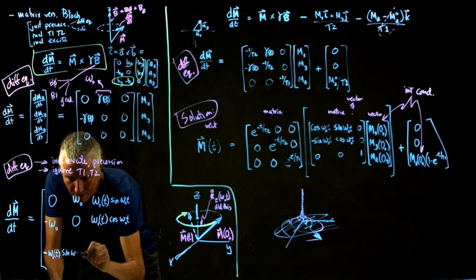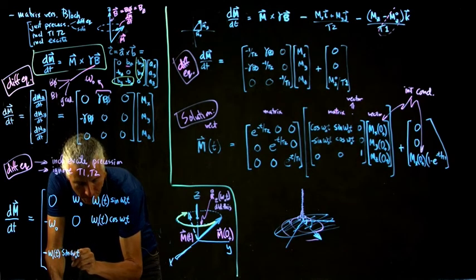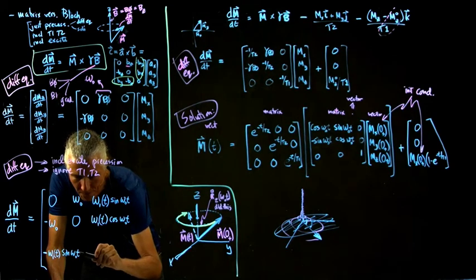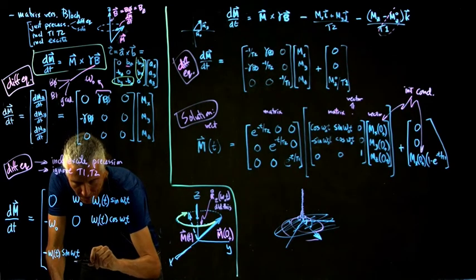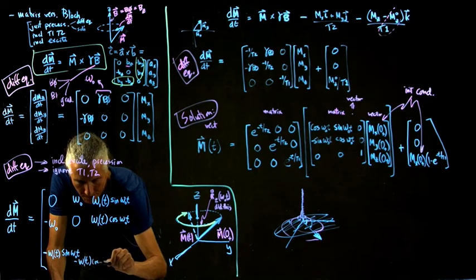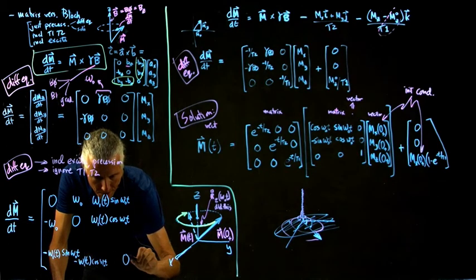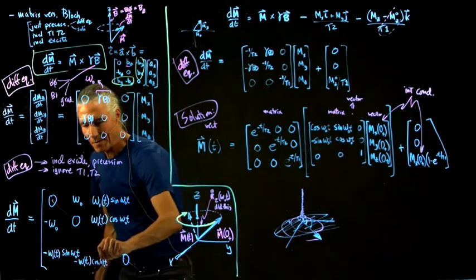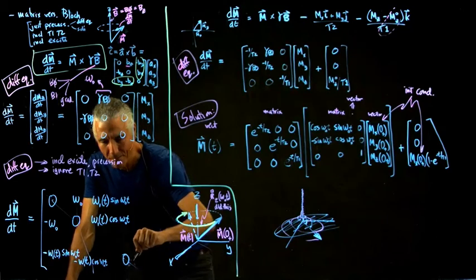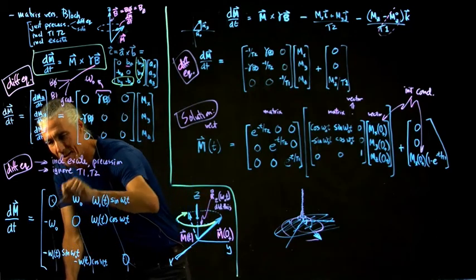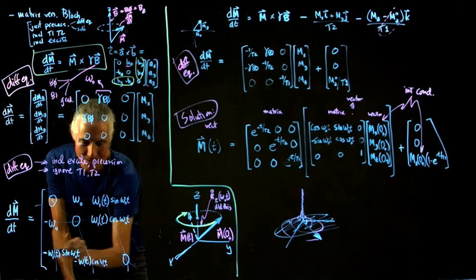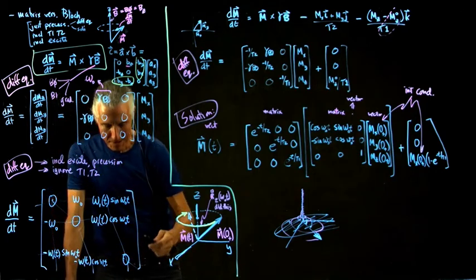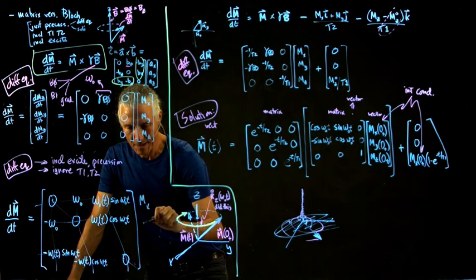Times sine omega 0t. And then this one, slightly under, cosine omega 0t, and then finally 0. So there's the diagonal, there's our matrix, times whatever the magnetization currently is.